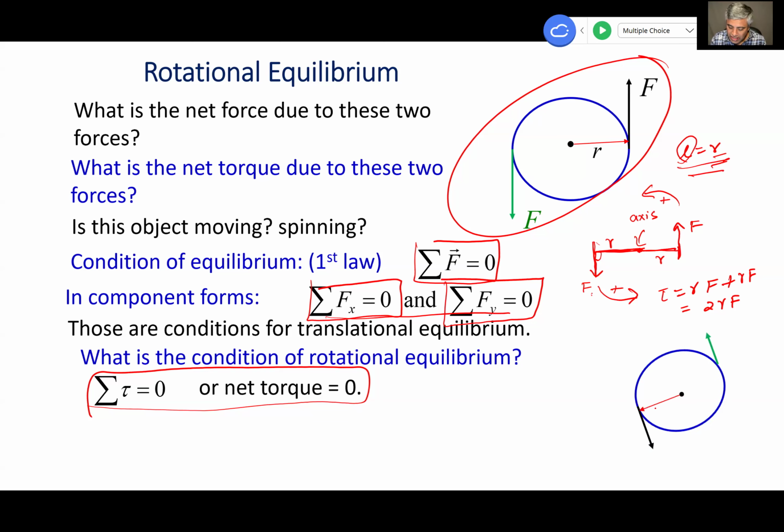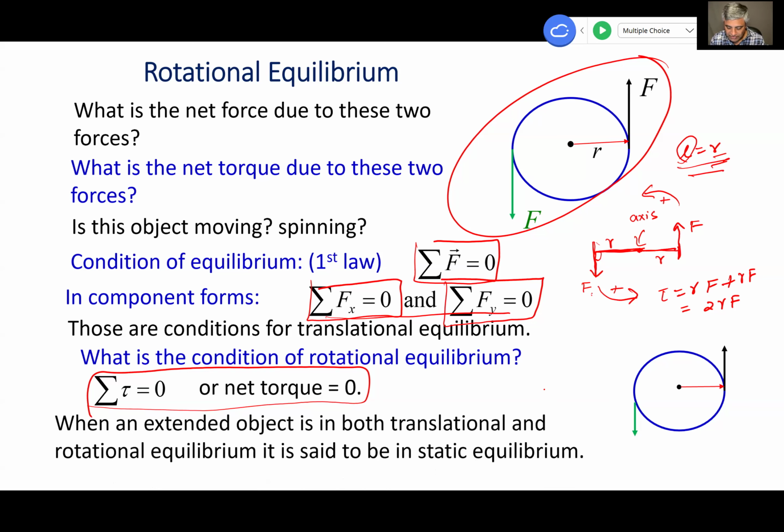And this is called static equilibrium, by the way. Static equilibrium: when an object is in both translational and rotational equilibrium. So that's the equilibrium. Of course, we already learned the force condition in dynamics or laws of motion.